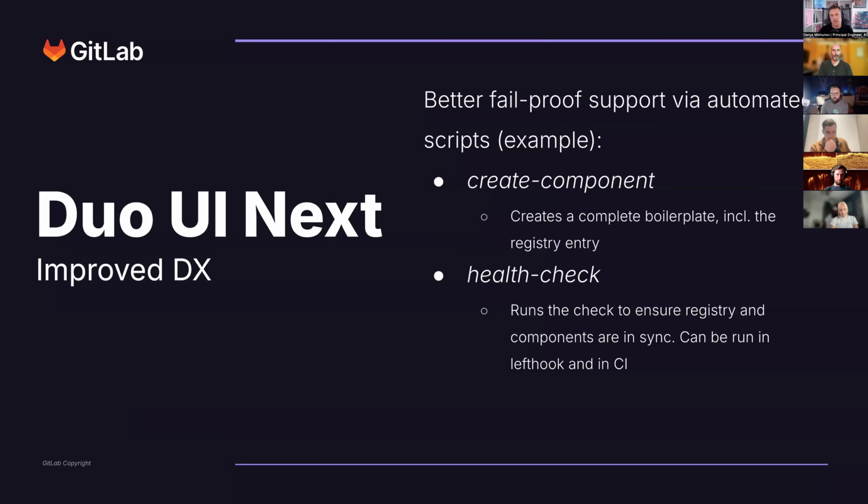So automated fail-proof support for engineers while working with Duo UI so that it would be harder to mess up, harder to fail, and it would be easier to go fast with Duo UI because, again, Duo UI has to follow the idea of us being in the startup mode in the AI organization, and it has to allow for very quick turnaround, very quick movements.